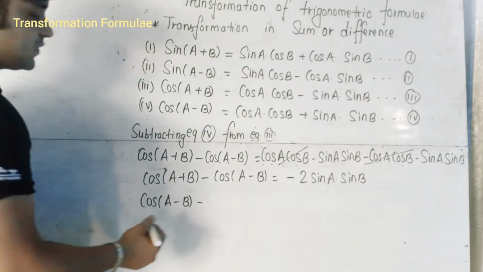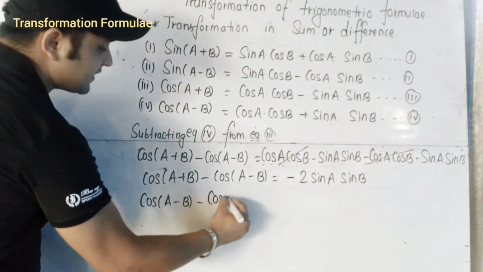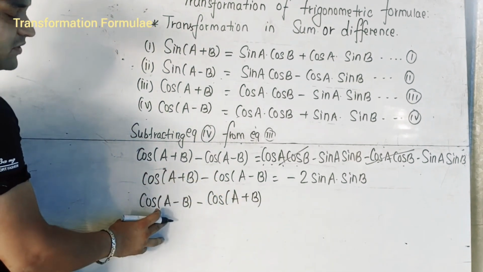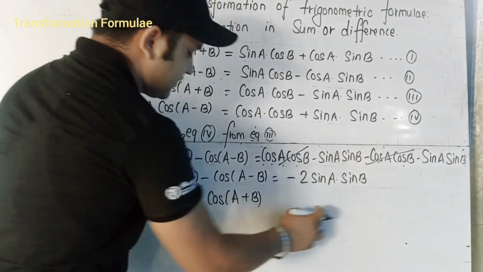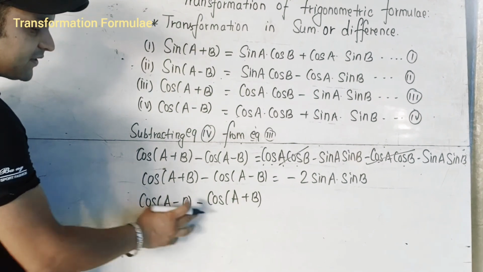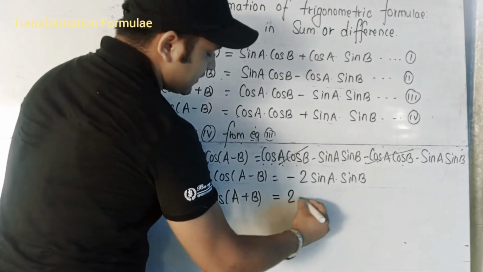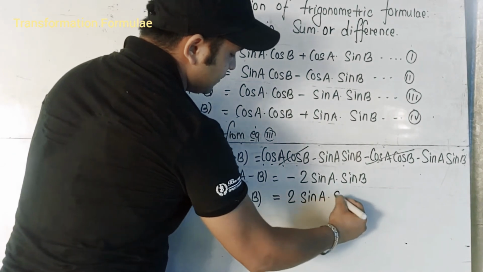Multiplying the left side by minus, we get this one, and multiplying the right side by minus, minus into minus gives you plus, and you'll have 2 sin A into sin B.